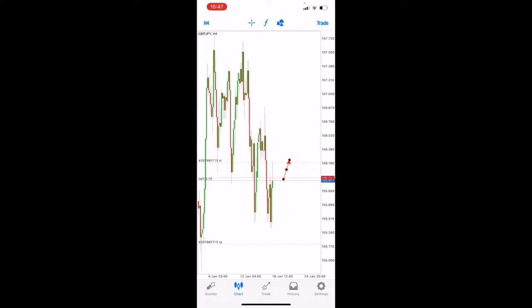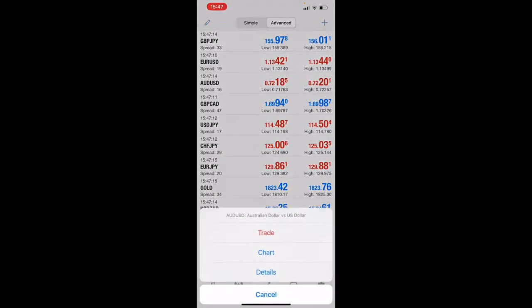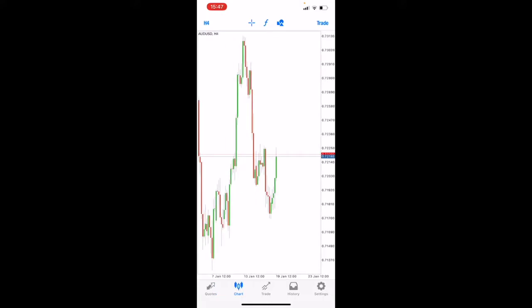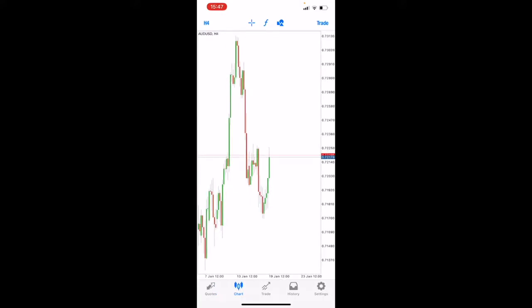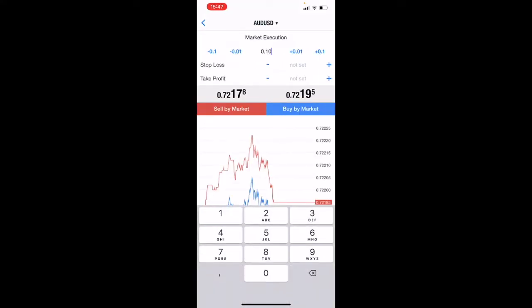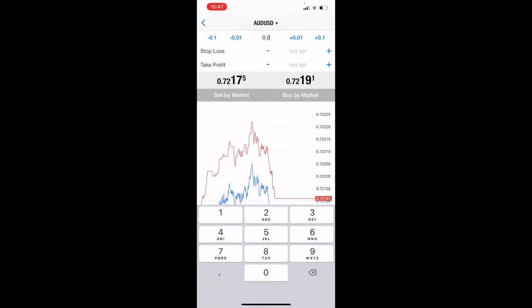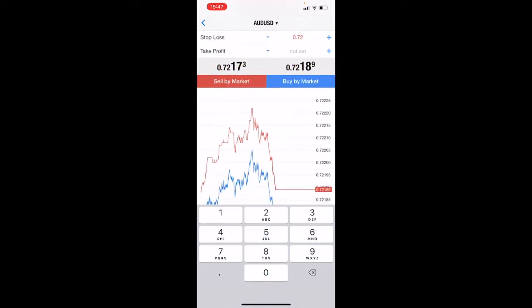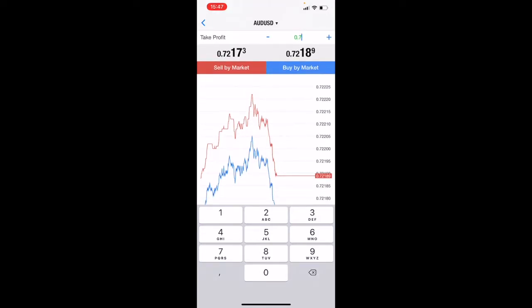That's a sell. So let's go AUD USD, sorry. Let's say we want to buy. Okay. So we go trade, make sure it's market execution. Remember, do your lot size. Let's say we want to do a smaller lot size. Stop loss needs to be below. So let's say 7.2. And take profit, let's do that.